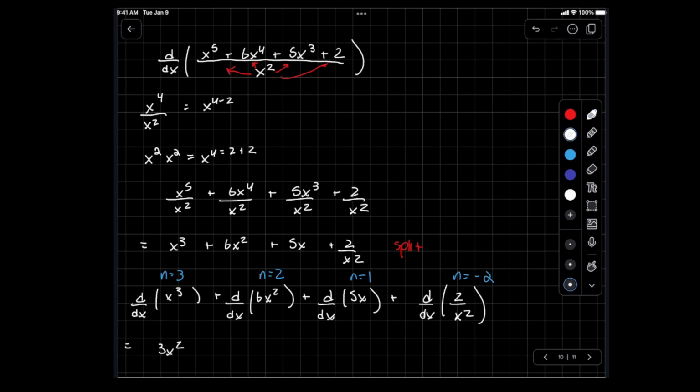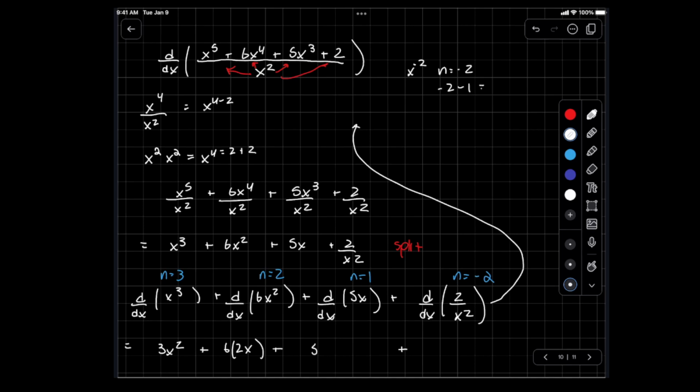3x squared plus 6 times 2x, plus, so this is going to be 5x to the 1 minus 1. Oops, it'll be just 5 on this one. For this one, I'll show it on the top. Move this guy up here. So x to the negative 2, n equals negative 2.